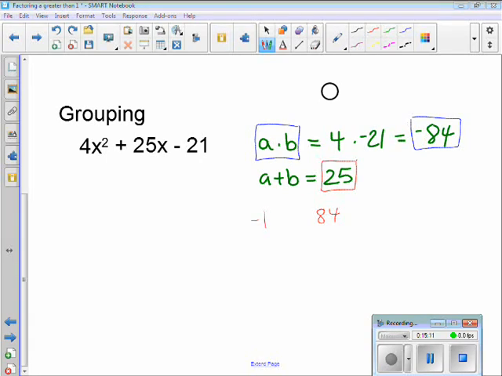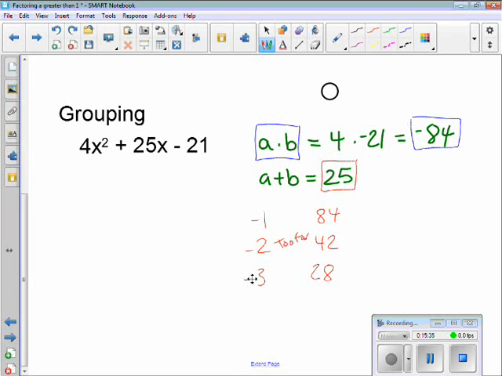So we know it's not that case. And quite frankly, that's going to be too far apart as well. So I'm just going to keep on looking at this process of what numbers multiply together to give me 84, and then ask myself, will it get me close to when I put them together, will it generate that 25? Negative 3 and 28, very interesting.